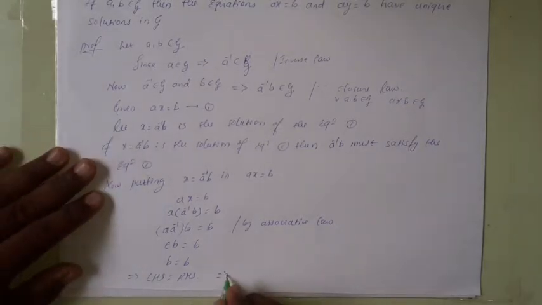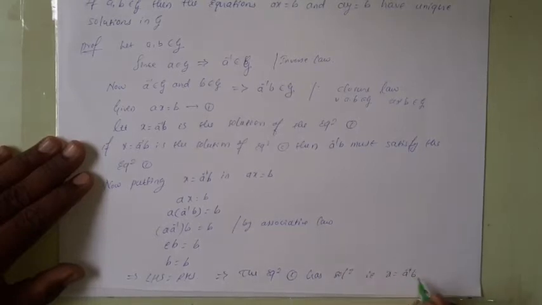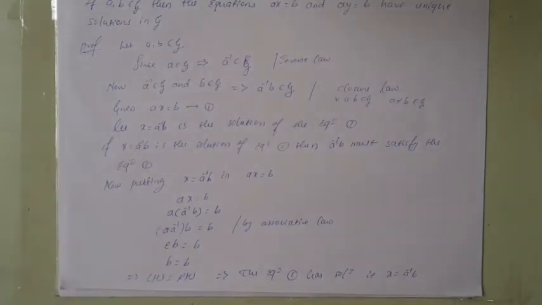So, it implies that the equation 1 has a solution, that is x equal to A inverse into B. So, therefore, now we can conclude that x equal to A inverse B is the solution of equation 1.